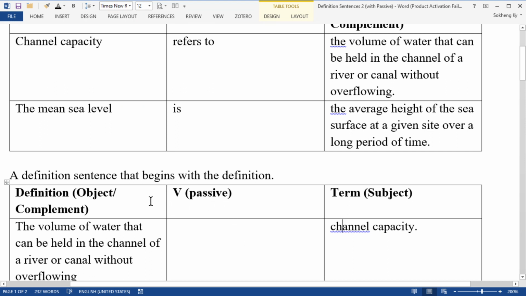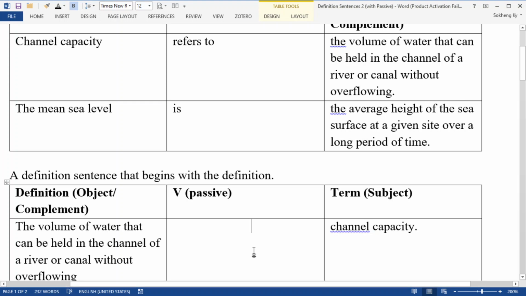Now we swap the positions of the subject and the object. We need to change the verb. The general rule is that we change the verb from active to passive. That's what we all know, okay?